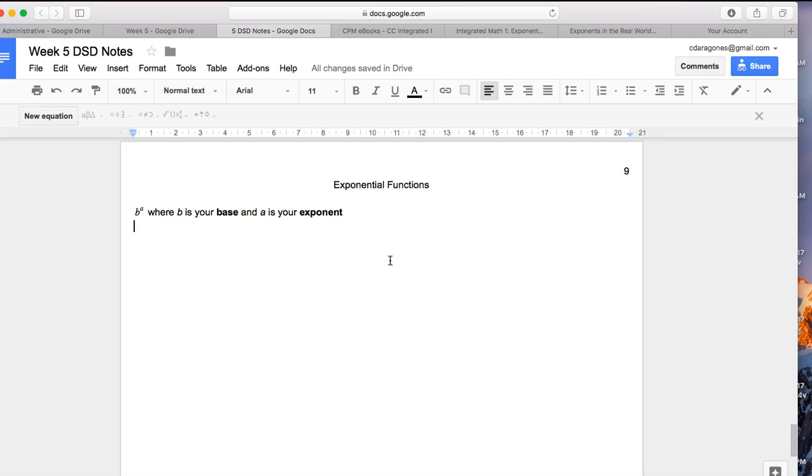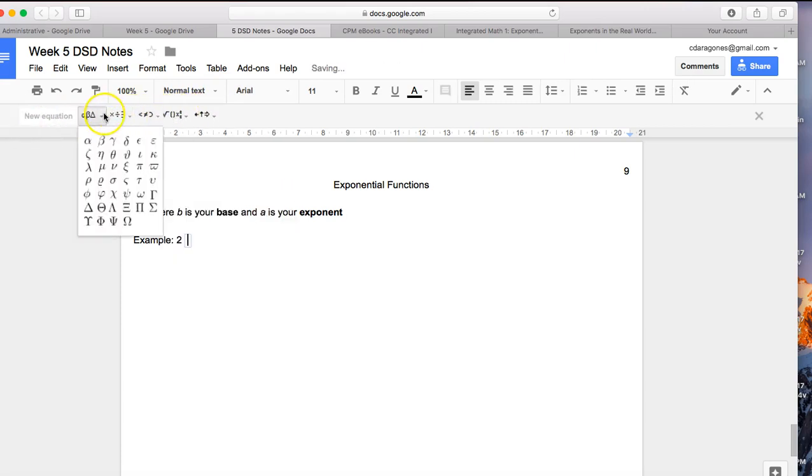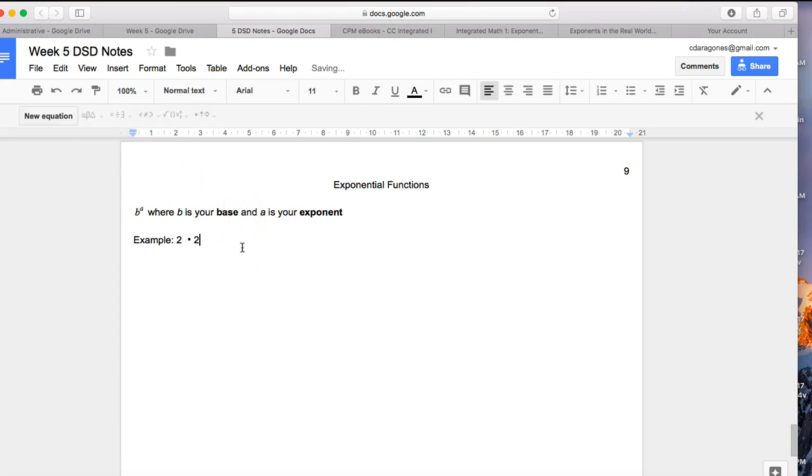So what does this mean? What does b to the a really mean? B to the a, or any base to some exponent, really is a shorthand way of writing multiplication. So if you get something like, I'll do an example, 2 times 2, so this dot just means multiplication, okay? 2 times 2.